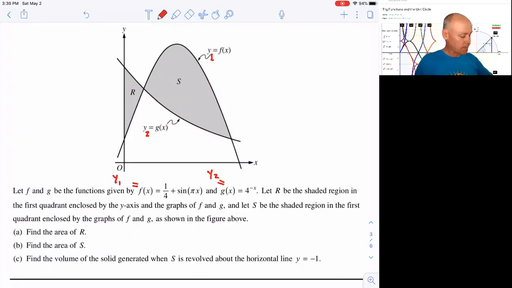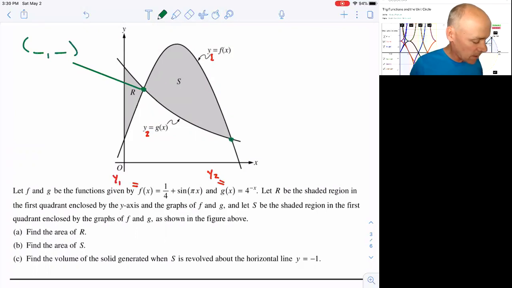Okay, and now I'm looking at the two equations, and I can see right here I'm going to need to know that point of intersection, and also that point of intersection.